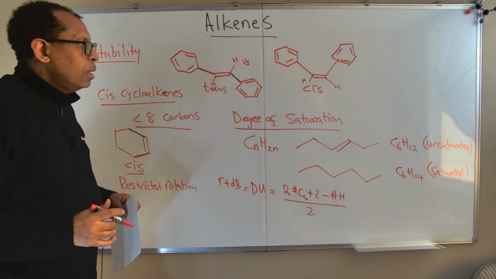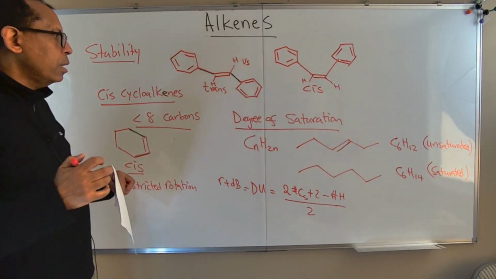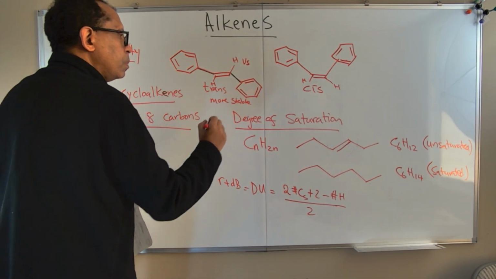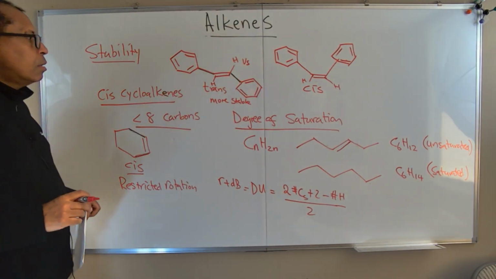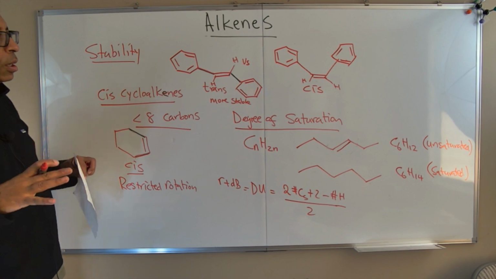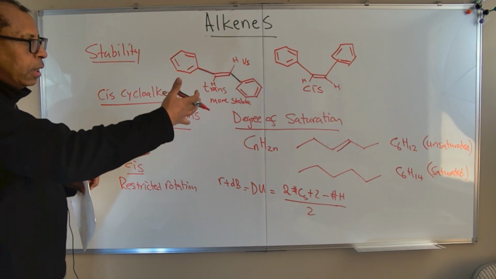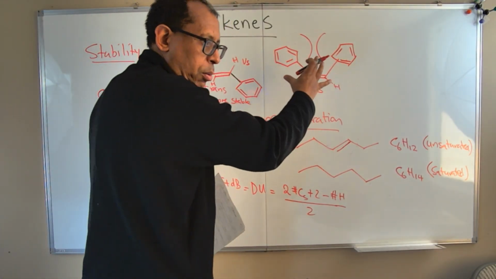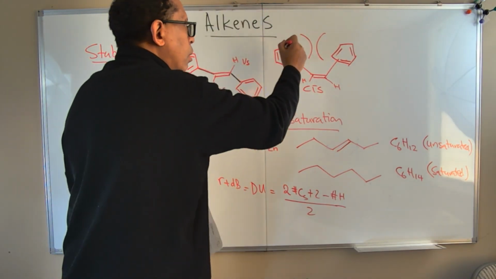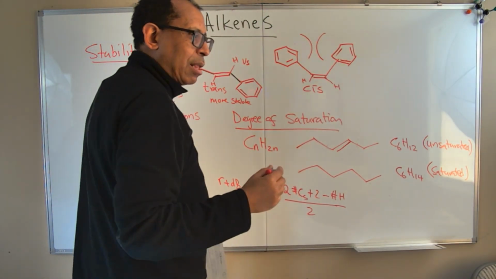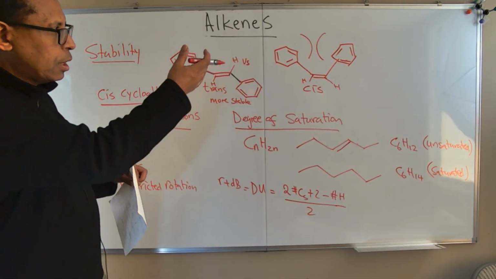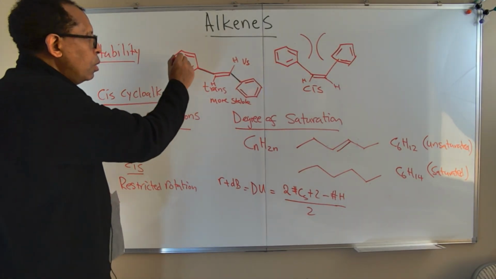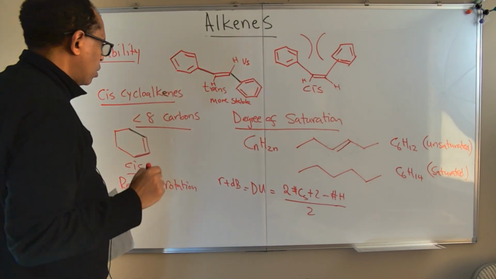In general, the trans isomer for alkenes is more stable, and the cis form is less stable. That's the energy or stability difference, because of the steric clash between two large groups. When the two large groups are on the same side, there is a steric interaction between them that makes the compound more unstable, especially with large groups. The trans is more stable because these two large groups are as far apart as possible.